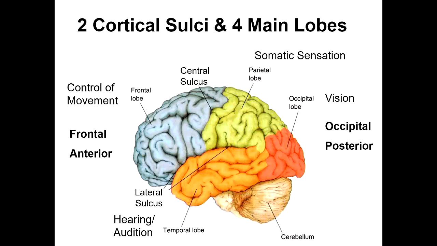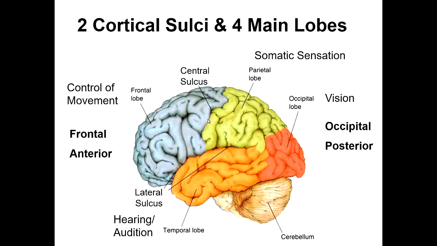And the important thing about the central sulcus is it's an important landmark. It divides the lobe of the cerebral cortex here in blue in front of it, which is known as the frontal lobe, from the lobe of the cerebral cortex behind it in green, which is the parietal lobe. The main function of the frontal lobe is to control our voluntary movements, so that's what it's functionally specialised for, whereas the main function of the parietal lobe is in somatic sensation.